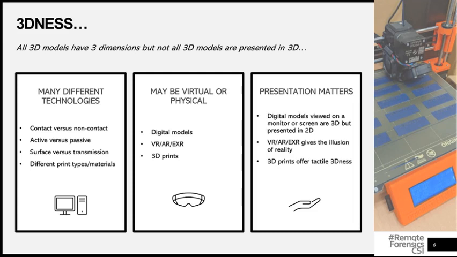And then also we can talk about that process of moving from the virtual back to the physical realm with physical 3D prints. So you can think of these as a bit like a scale. So digital model purely in the virtual realm, everything you are working on is digital. 3D prints, everything is in the physical realm, everything you're working on is tangible, you can feel it, you can hold it. VR, AR and XR are sort of a blend between the two.